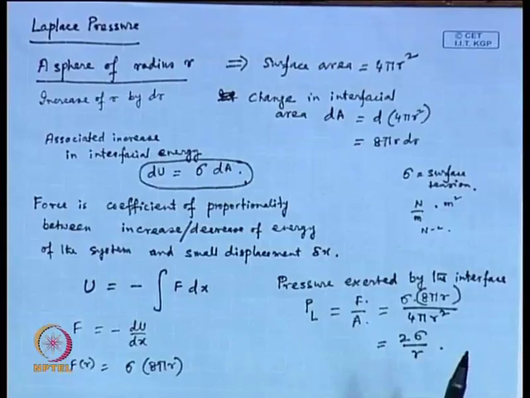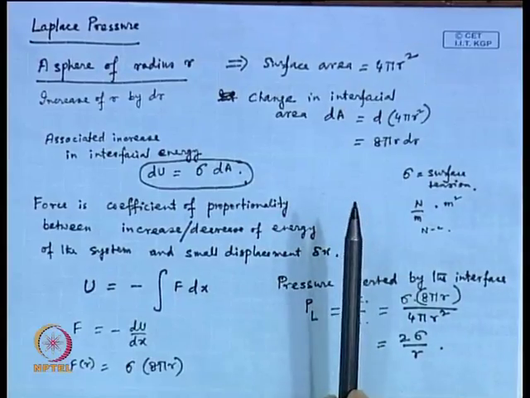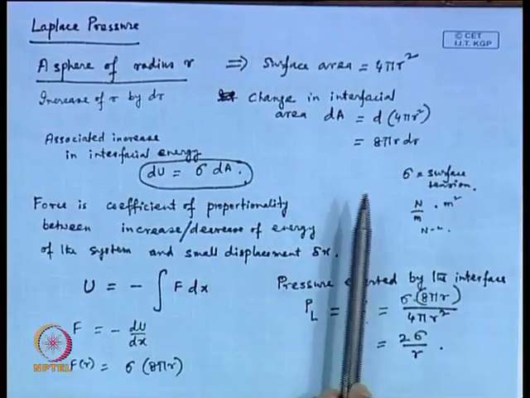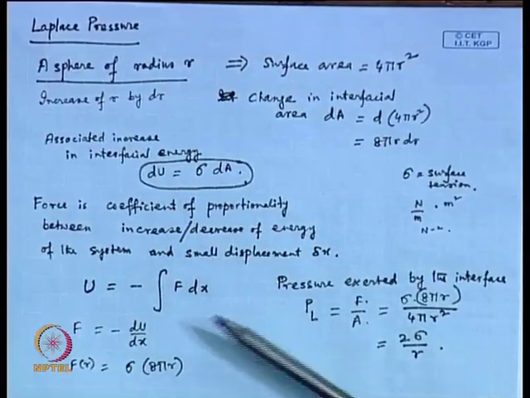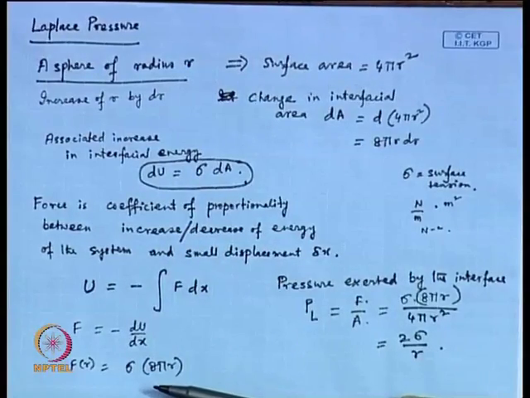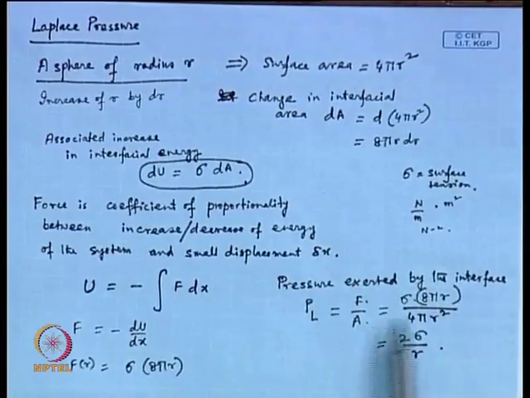If there is a change in interfacial area, and we call this dA, then there would be an associated increase in interfacial energy, and because of that there would be a force existing. So, there will be some extra pressure exerted by the interface, which is this quantity.